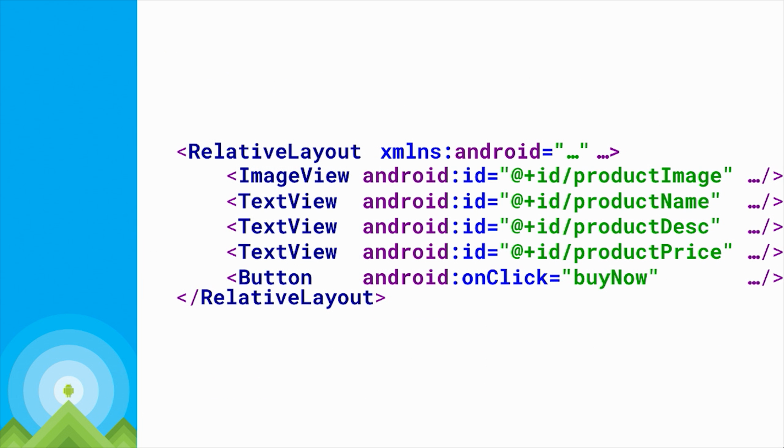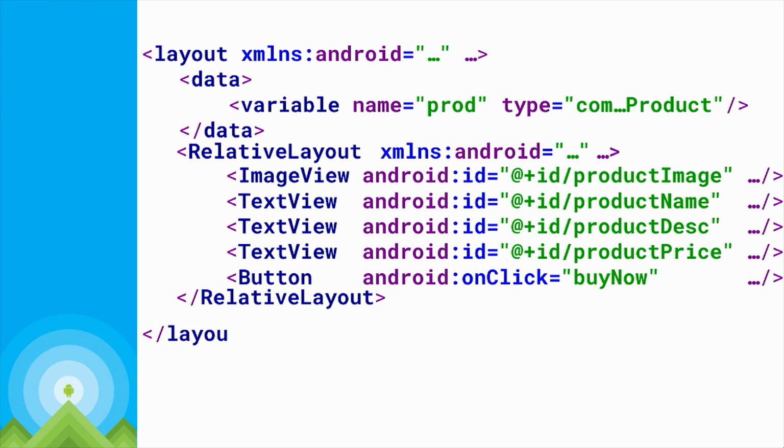I'm skeptical. All right. Let's look at your layout. Wow, you have a lot of ellipses in your layout, man. What's up with that? All right, so to make sure that we understand that it's a data binding layout, first we add this layout tag to the outside, and then we get this variable, the prod variable that we set in the onCreate.